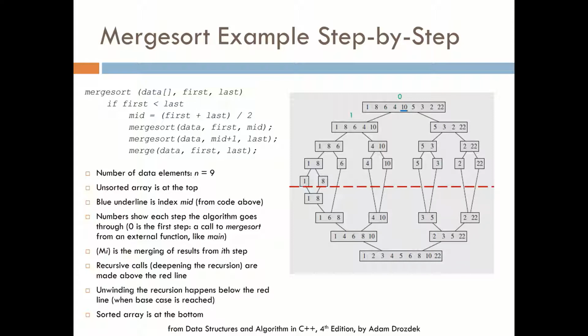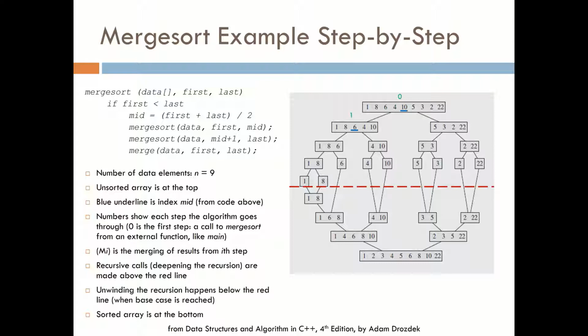So this function has now been called with just the smaller list, and as I say often with recursion, it's a brand new day. And so we enter that instance of the function for the first time. First is less than last, so we calculate a mid. Okay, it's right there.